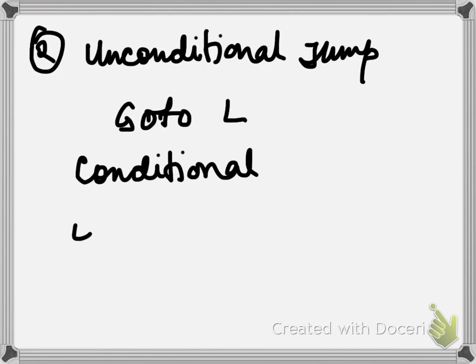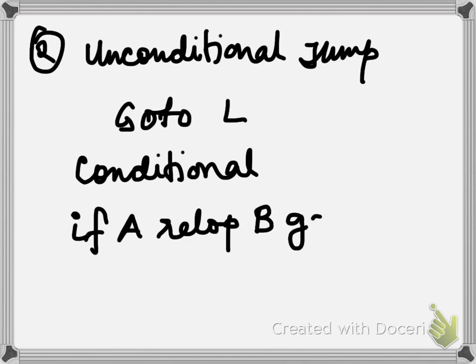So I can have something like this: if A relop B goto L, where relop is the relational operator. So this is a conditional jump. If this evaluates to true, then jump to the L three address instruction.